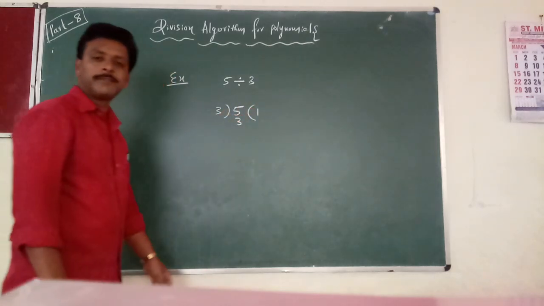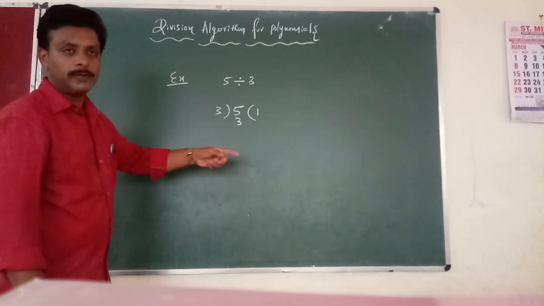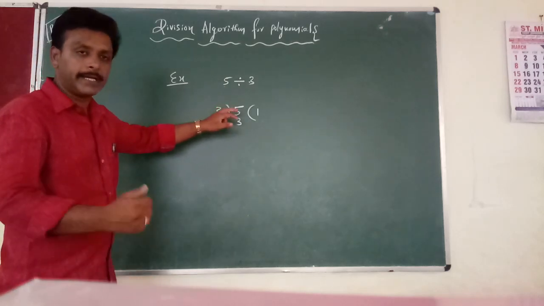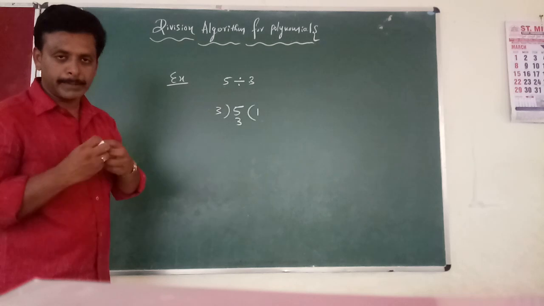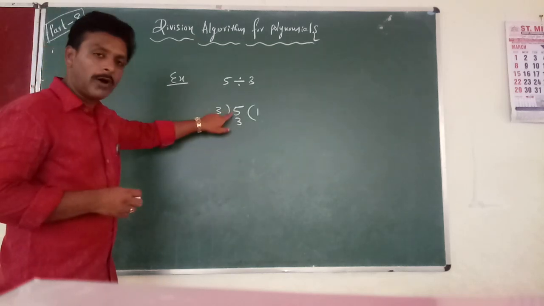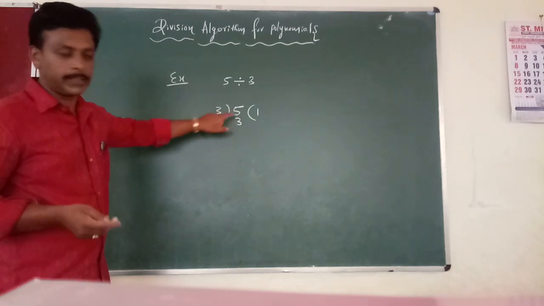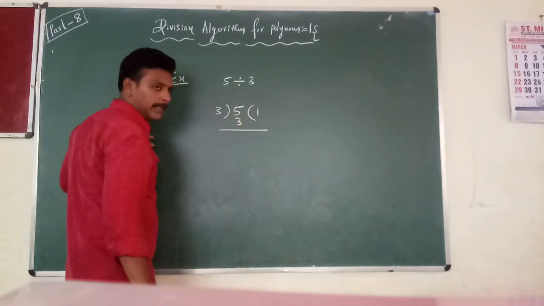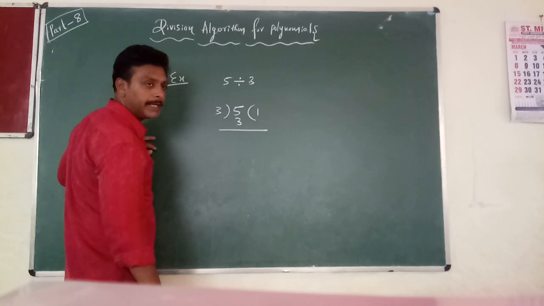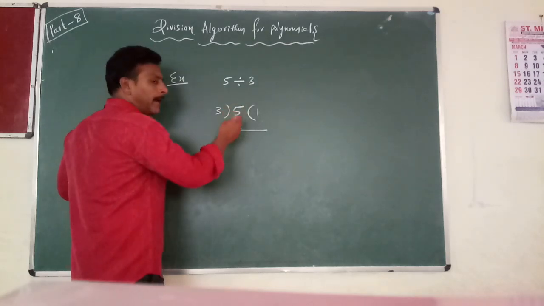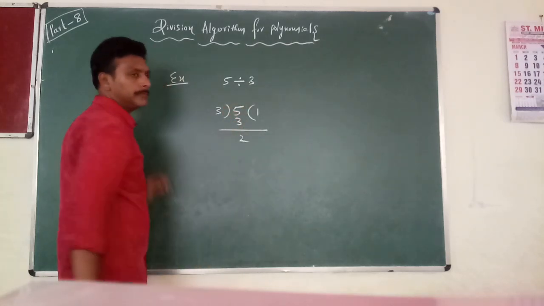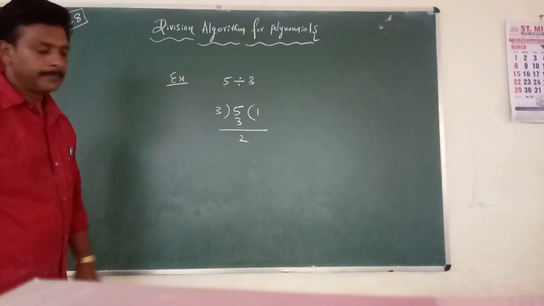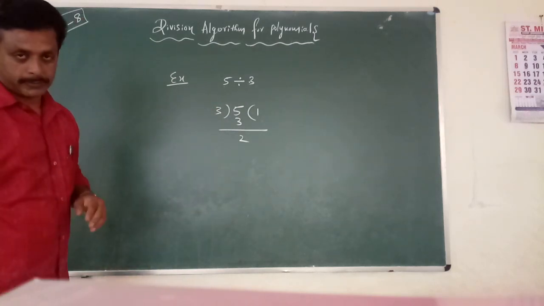Why not 3 twos, sir? 3 twos are 6, that will be greater than 5. You have to take the number near to this or equal to this. You should not take more than that. So 3 ones are 3. You are going to draw a line like this. Then what are you finding? Difference. 5 minus 3, you will get 2. Is it right? This is the division process.